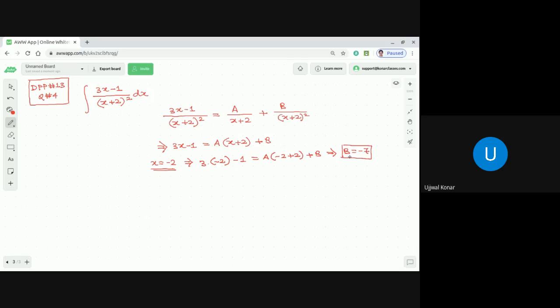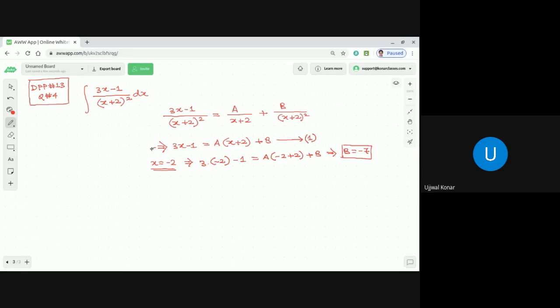Now we can equate the coefficient of x on both sides of this identity. What was the difficulty, that you didn't find the value of a? That's what I want to understand. Or you can apply any value of x also.